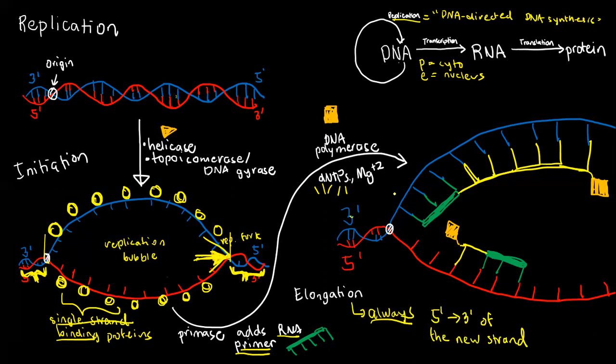Now, if my blue one is 3' to 5' and the yellow strand should be anti-parallel, shouldn't that mean that the yellow strand starts here at the 5'? Blue here is 3' to 5'. So what's the opposite of 3 prime? 5 prime. And what's the opposite of 5 prime? 3 prime.